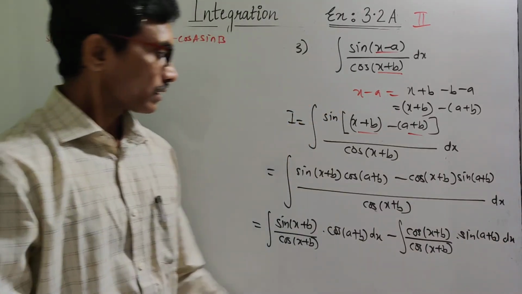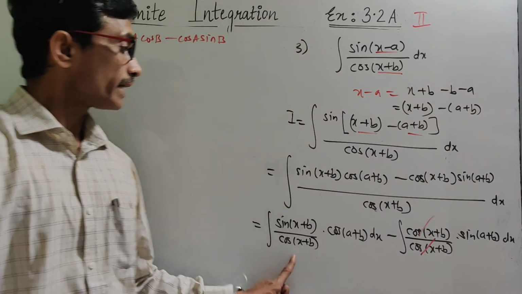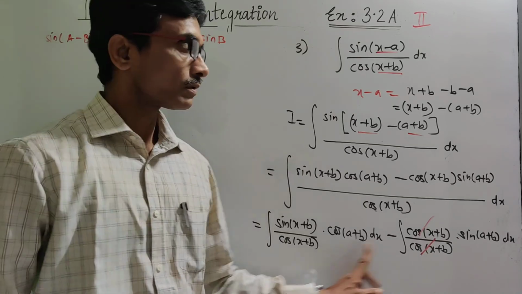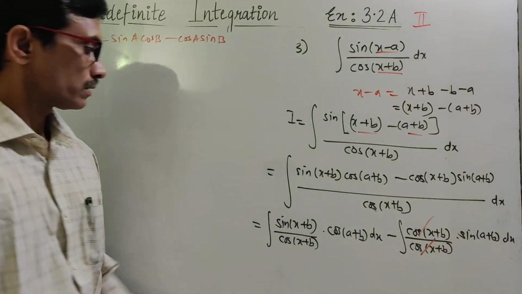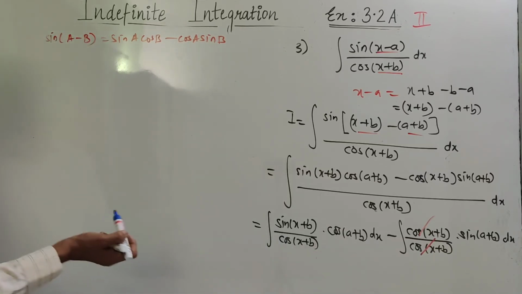So clearly cos and cos will cancel. Here sin upon cos will be tan.